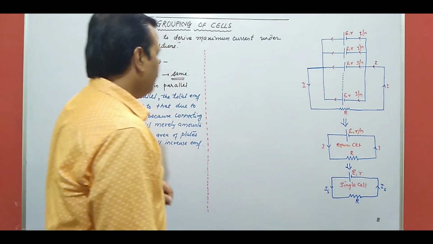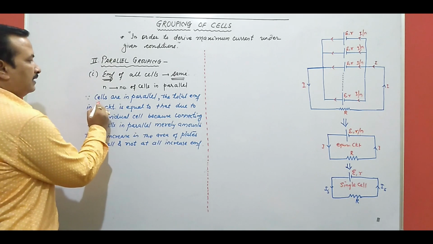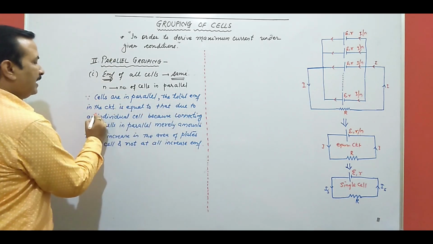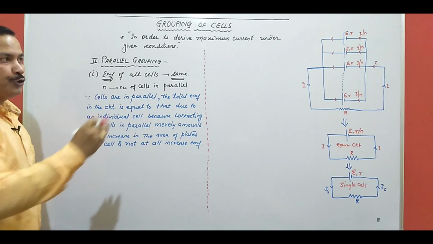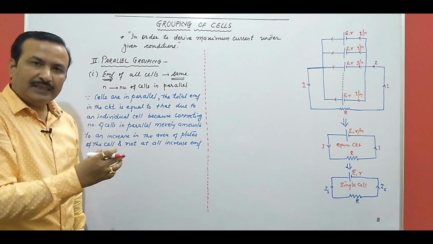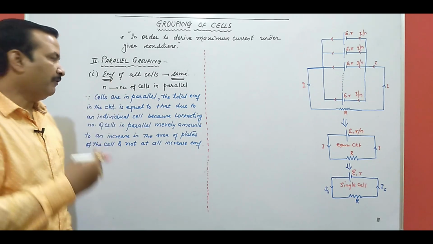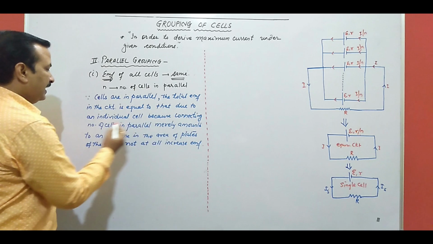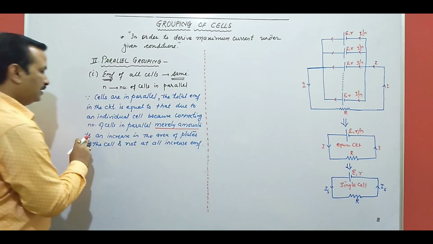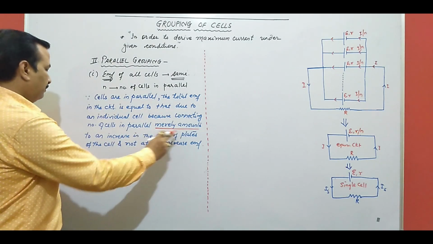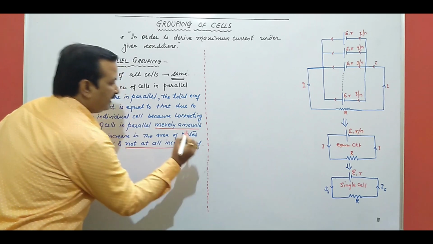Right? Now you see, since these are connected in parallel, the total EMF of the circuit is equal to that due to an individual cell. Since these are in parallel, the total EMF will be the same as the EMF of one cell, because connecting a number of cells in parallel merely amounts to an increase in the area of the plates of the cells and not at all an increase in the EMF.